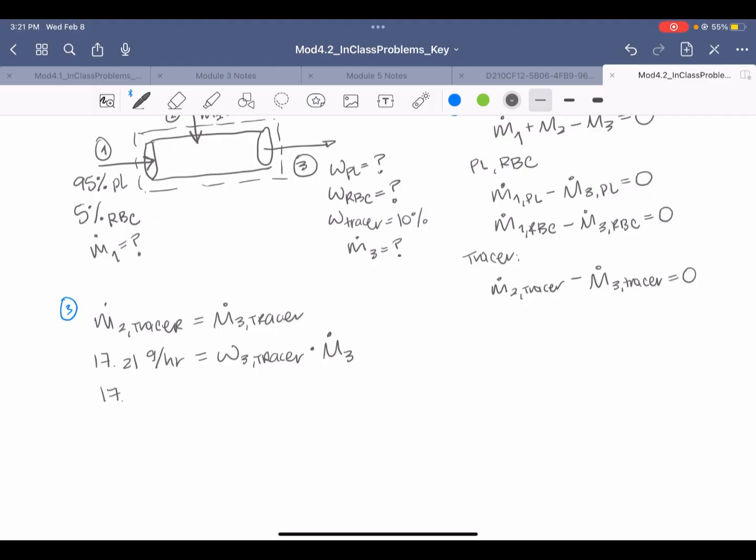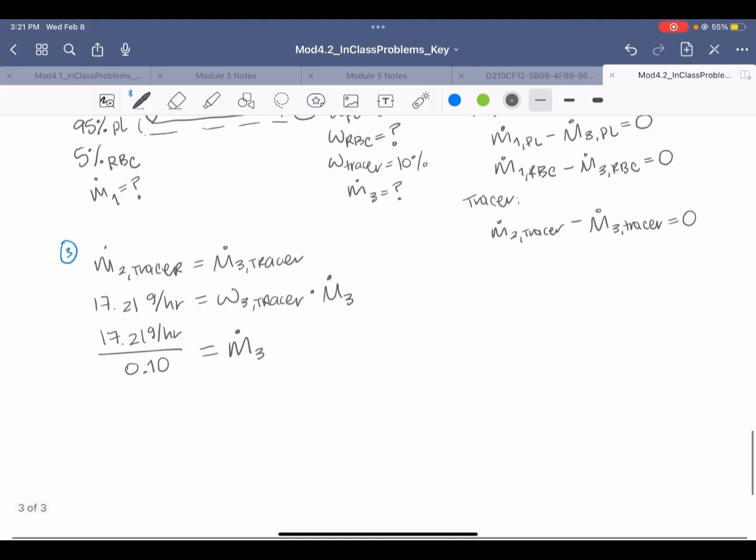And so if I simply divide this by the mass fraction of the tracer in that last stream, that's equal to the mass flow rate in stream 3, which would be equal to 172.1 grams per hour. Okay, so now we have the mass flow rate in stream 3.